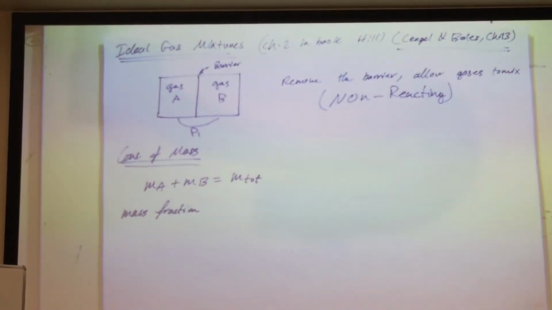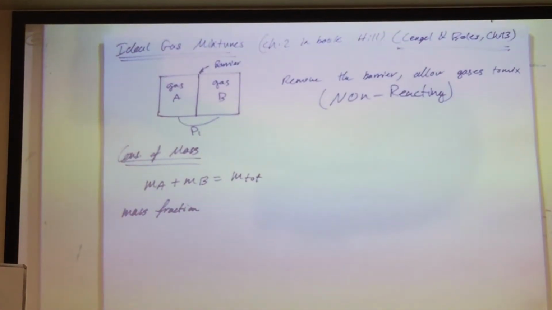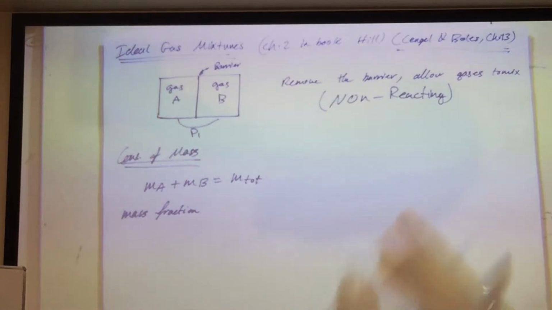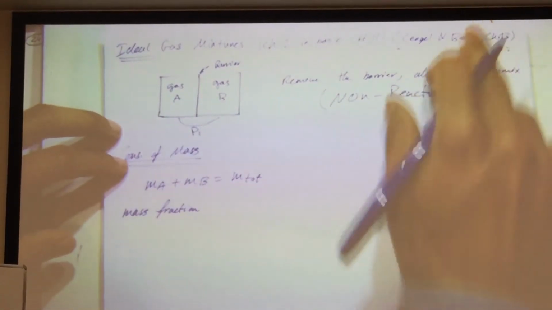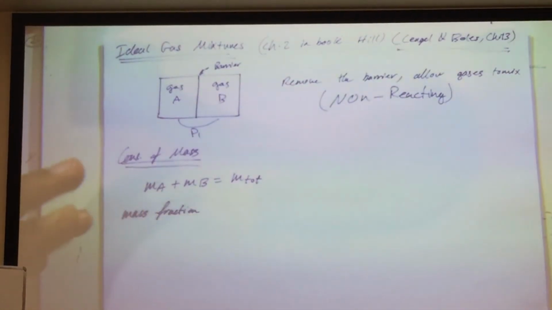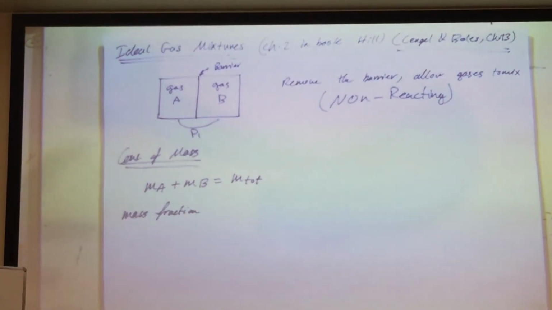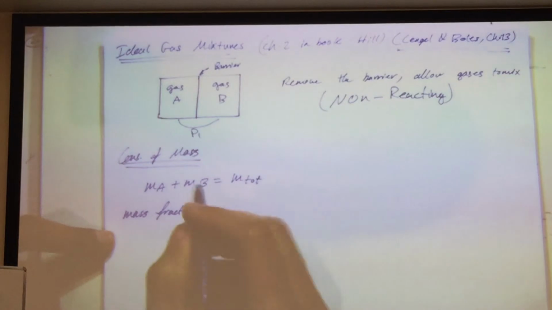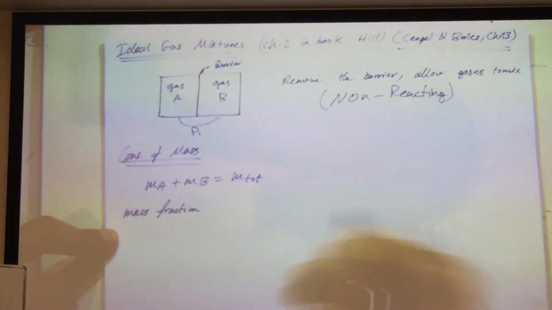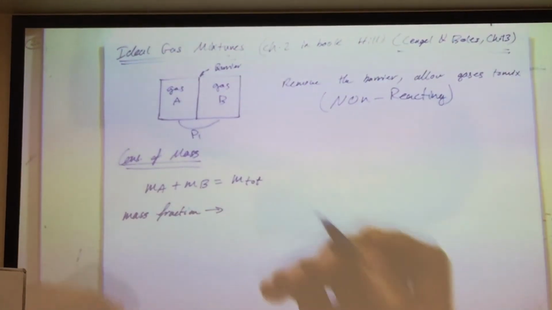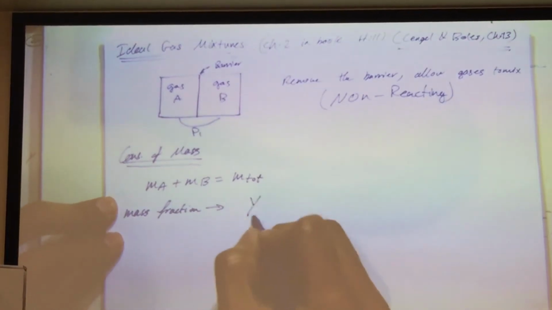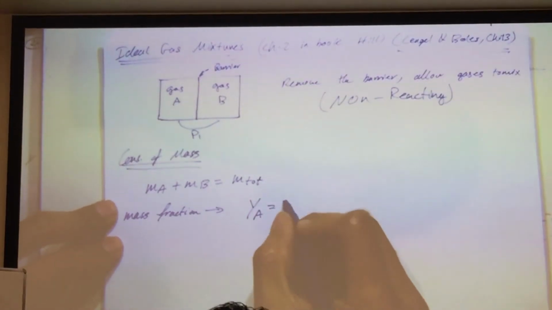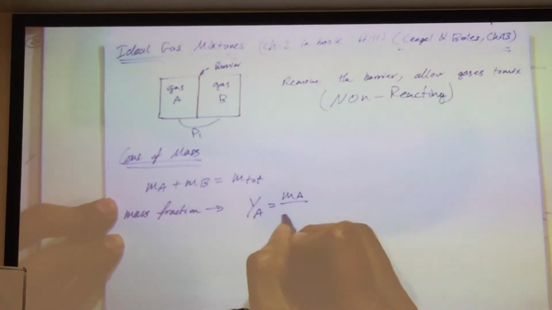You've seen mass fraction in thermo? Yes, yesterday. So although you might not have realized it's chapter 13, or they might not have clearly said it's chapter 13, that is what chapter 13 is, mass fraction and mole fraction. So we're going to go review it anyway. So mass fractions, we say, well, the fraction of gas A in terms of mass relative to M total.